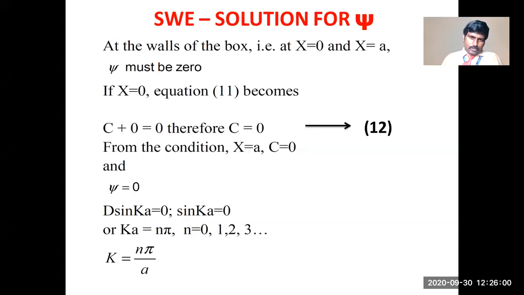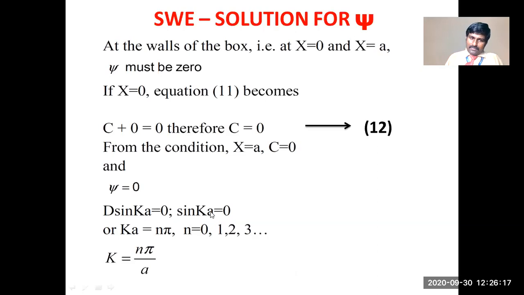Now at the other end, x is equal to a and C is equal to 0. If you substitute, you will get D sine ka equal to 0, so sine ka is equal to 0.